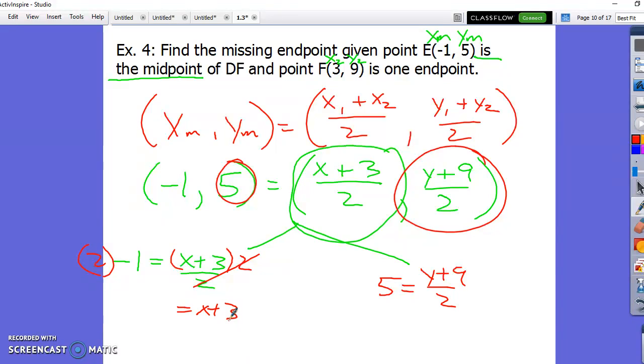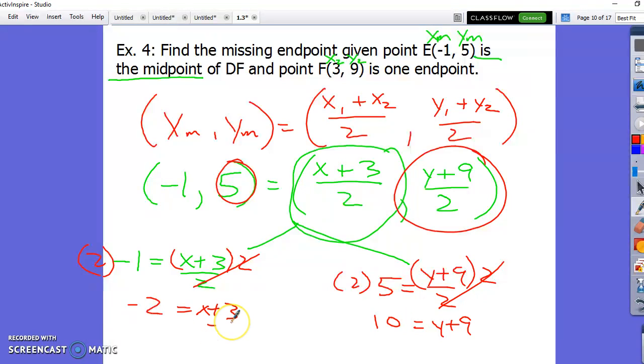On the left-hand side, we have 2 times -1, which is -2. Over here, we're going to do the same thing. We're going to multiply both sides by 2. On the right-hand side, the 2's cancel, leaving just y plus 9. On the left-hand side, we have 2 times 5, which is 10. Yep.